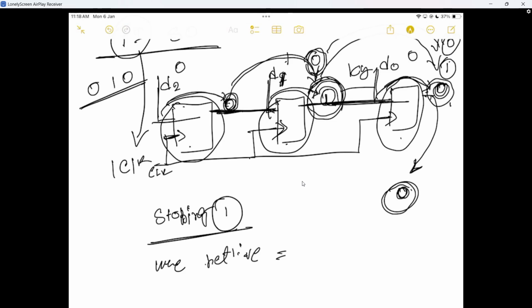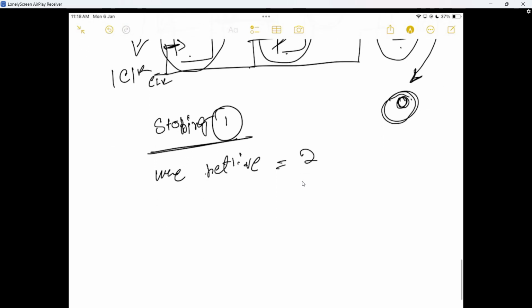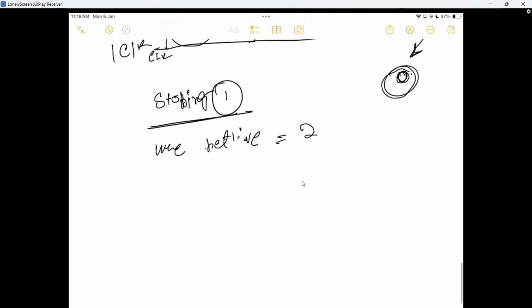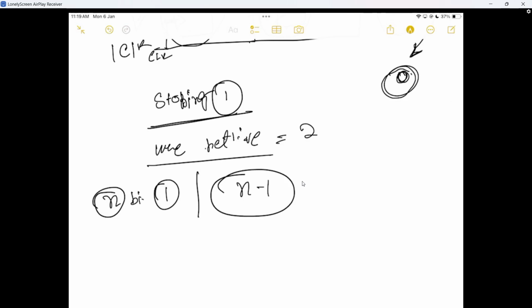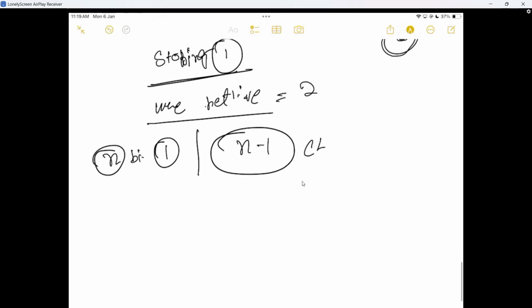But these took 1 clock cycle and these took 2 clock cycles, so total 2. So the total clock cycles required for storing is 1, even for n bits. When it comes to retrieving or accessing the data, it will take around n minus 1 clock cycles. So from storing to accessing the data, it will take n clock cycles.